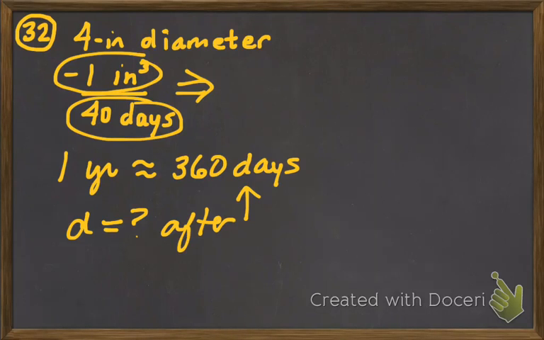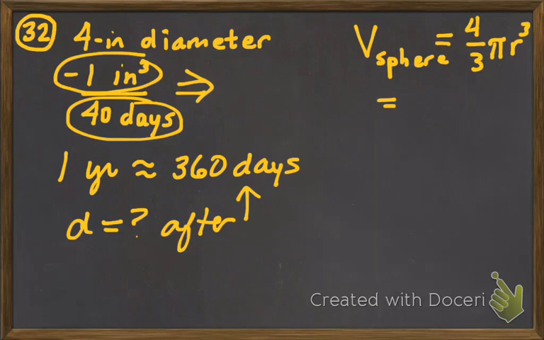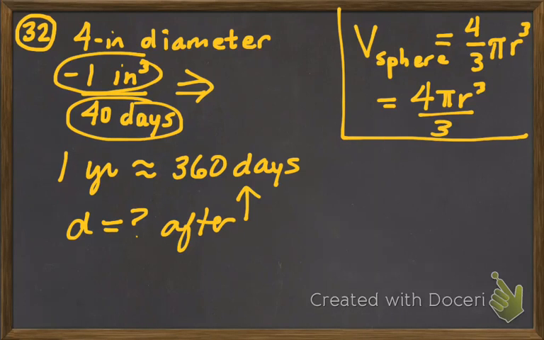So the only thing we have that we can do that with is the fact that this is a sphere we're talking about, so we have to work with the volume of a sphere, which most students don't remember until they see it, and then they remember seeing it somewhere, which is generally written as 4/3 pi r cubed, but you can also write it 4 pi r cubed over 3. And for our purposes, that's what we're going to do. Alright, it just makes the algebra easier.